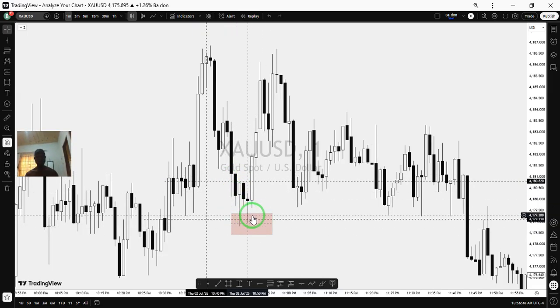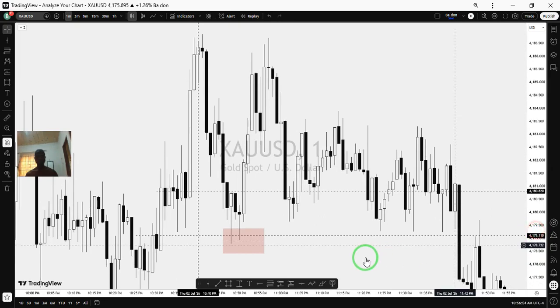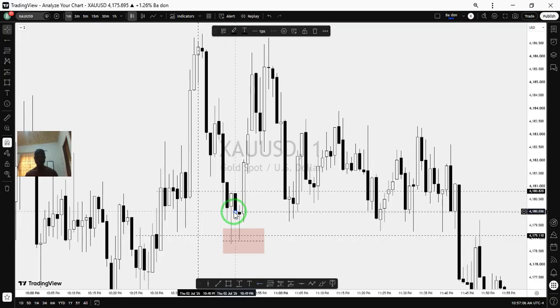We want to see price wick the POI to validate that entry. Now once we have this right here, we want to see if price created a change in the state of delivery. We had it here. You see how this bearish candle after tapping into the POI.